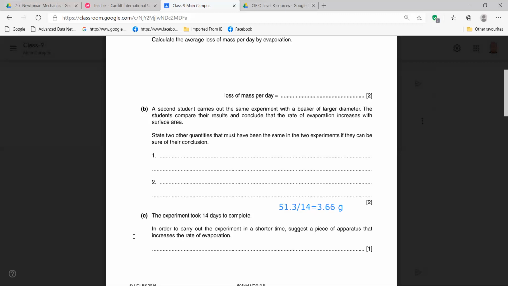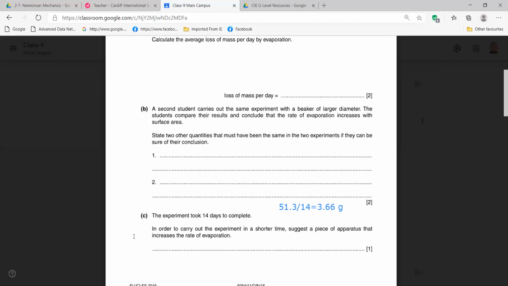The amount of liquid must be the same, or the volume, it is the same thing. Same means constant. The second point is that the temperature must be constant.